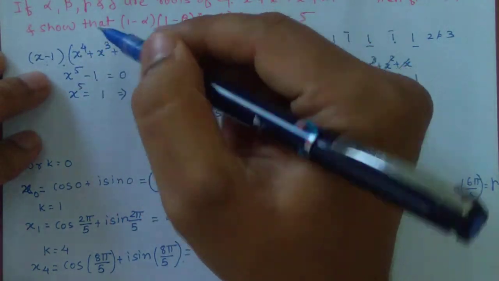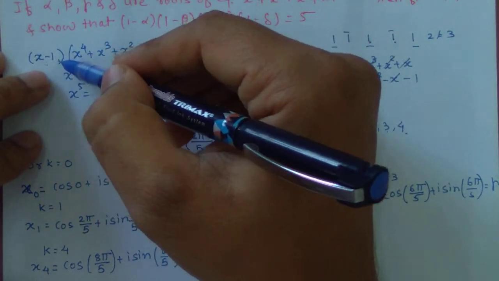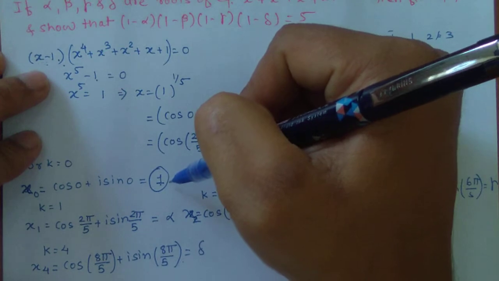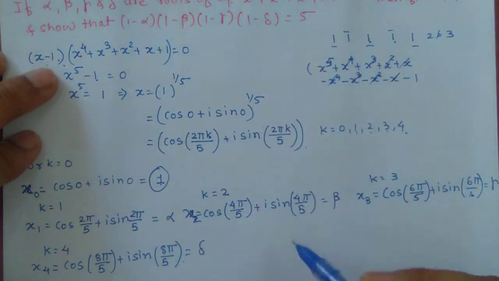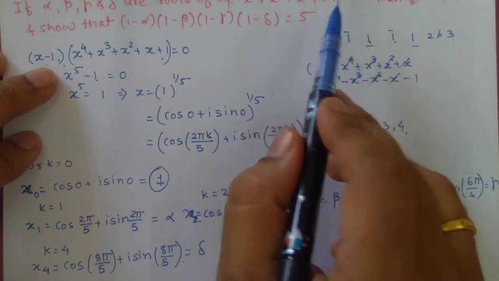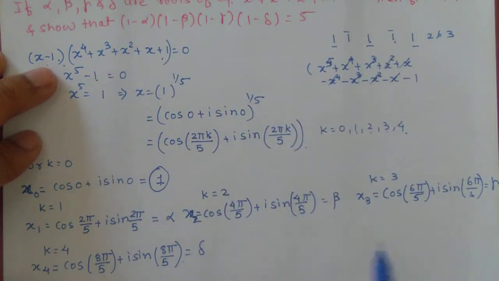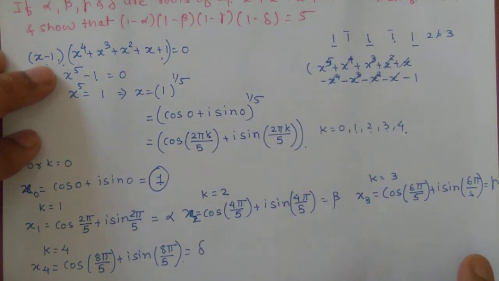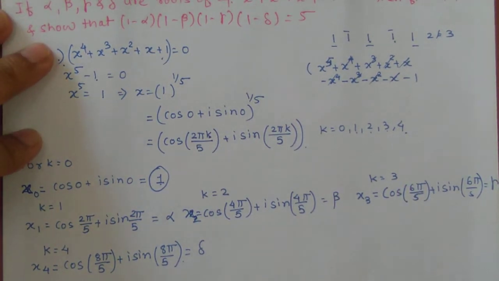There are two factors. One of the factors is x minus 1, which leads to the root 1. Hence, the remaining 4 roots are nothing but the roots of this second bracket, which I am expected to calculate. Hence, I am calling these roots alpha, beta, gamma and delta. Okay. Now the order depends on your choice. There is no need.